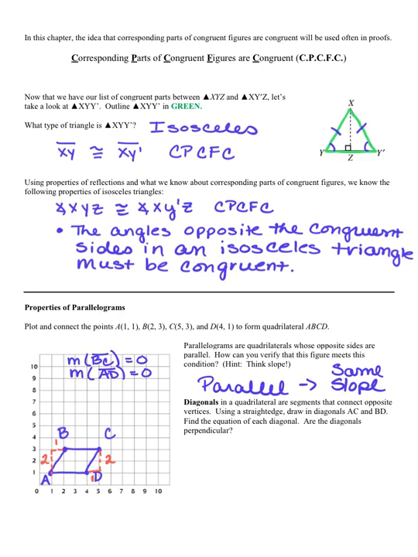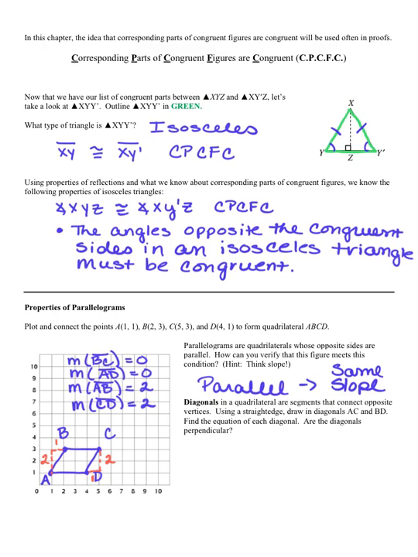So we can also say that the slope of segment AB is equal to 2 and the slope of segment CD is also equal to 2. By doing this, we have shown that opposite sides are parallel because they have the same slope, and this verifies that the quadrilateral is a parallelogram.